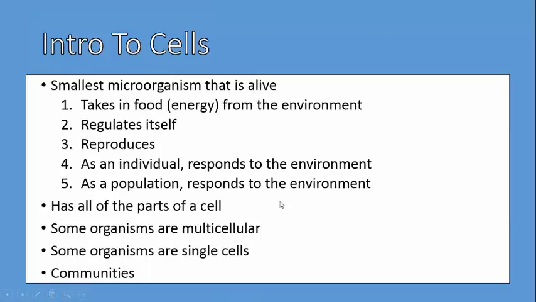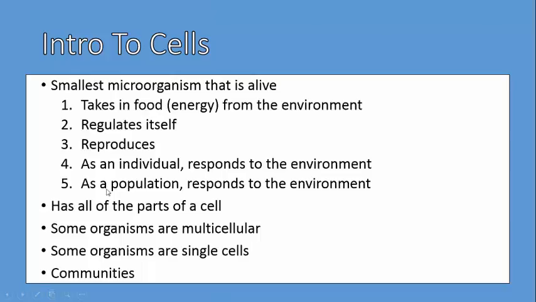Also, as a population, living organisms respond to their environment. They change over time. This becomes really important when we talk about the rise of antibiotic-resistant pathogens within the microbial communities that we are exposed to as humans.